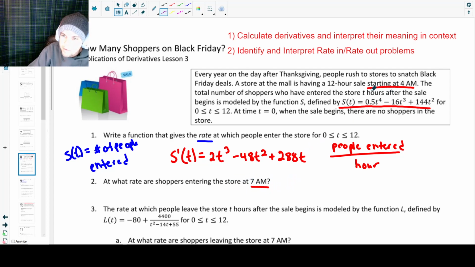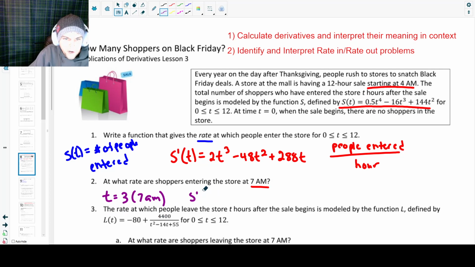But that's not what's happening here. Our sale starts at 4 a.m. and t equals 0 is when the sale begins. So that means 7 a.m. is t equals 3, because that's 3 hours after the sale starts. Again, tricky there. You want to make sure to carefully read any of your scenarios to know at what time value you should be entering in these situations.